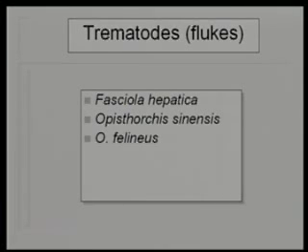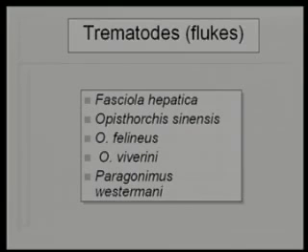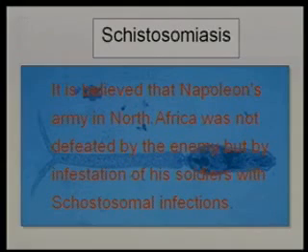Opisthorchis sinensis is in the fish flukes, and canines like cats or dogs are the reservoir for that. We'll talk about it if we get time. And then there is a lung fluke that is clinically important. I don't think we'll have time to cover them all.